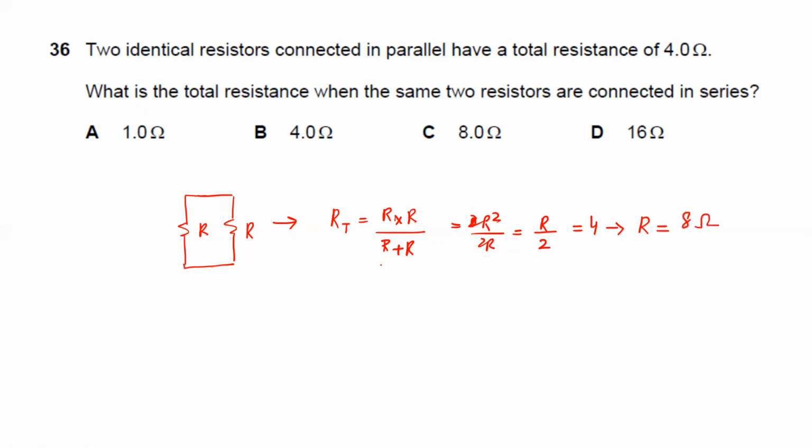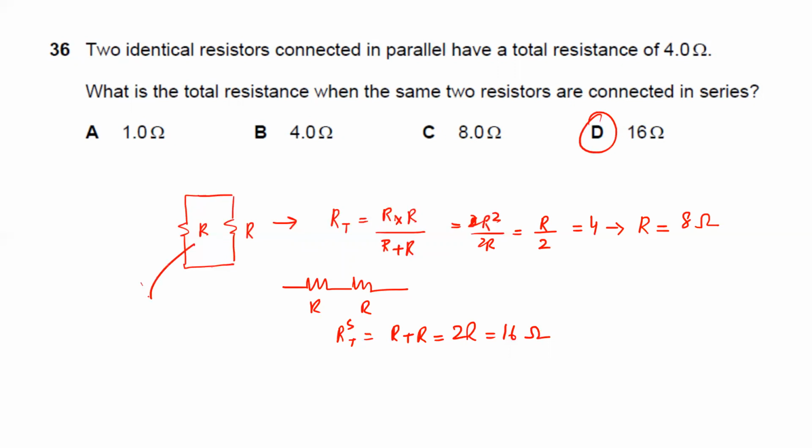So in series, if I have to add, the series resistance R total series will be R plus R. This will be 2R, so 16 ohms. D is the answer.